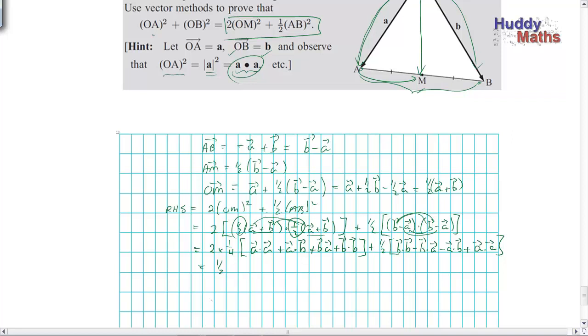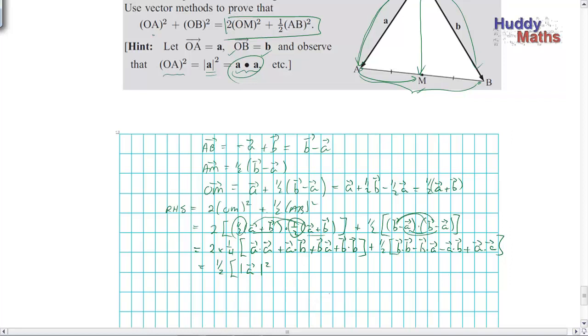Let's go through this bracket by multiplying them all by a half. So A dot A is length of A squared.